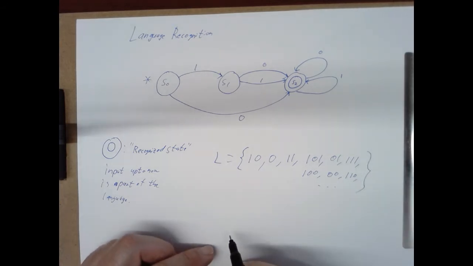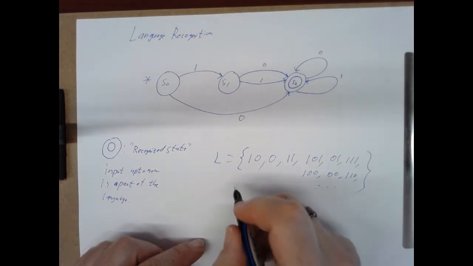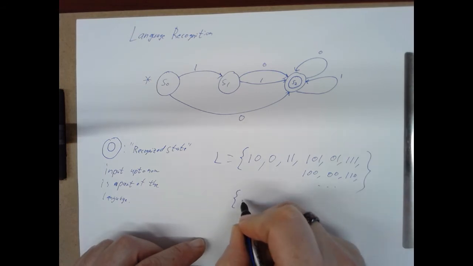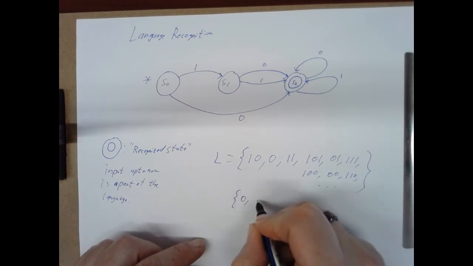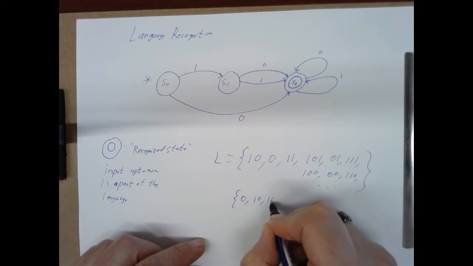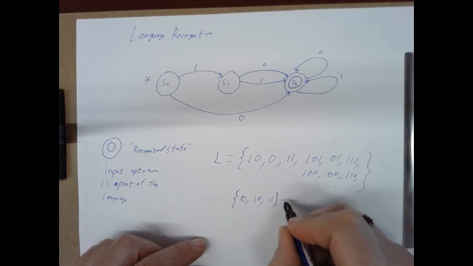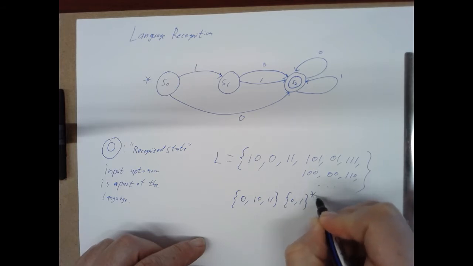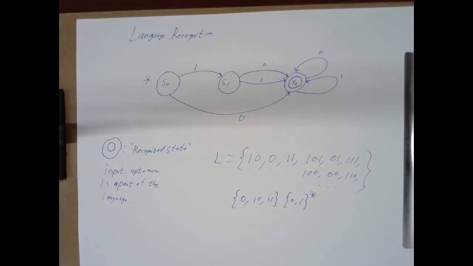So it's a big language, and we could write this as 0, 1, 0, 1, 1, followed by 0 or more occurrences of either a 0 or a 1.